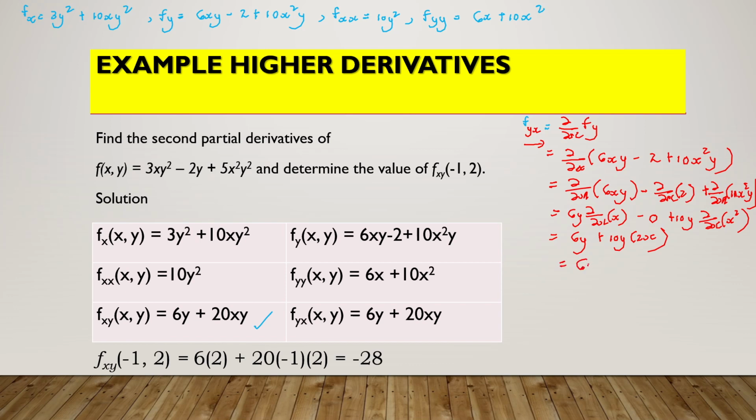So we have 6y plus 20xy. So you will see we always get fxy equal to fyx.